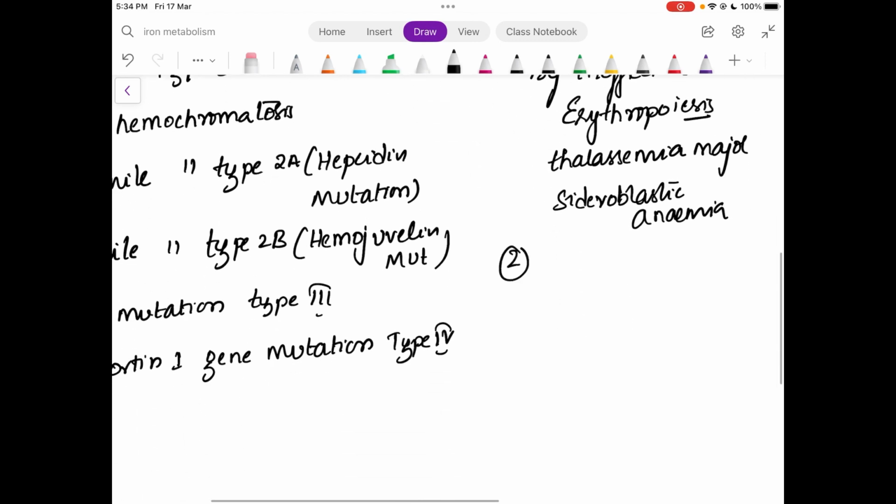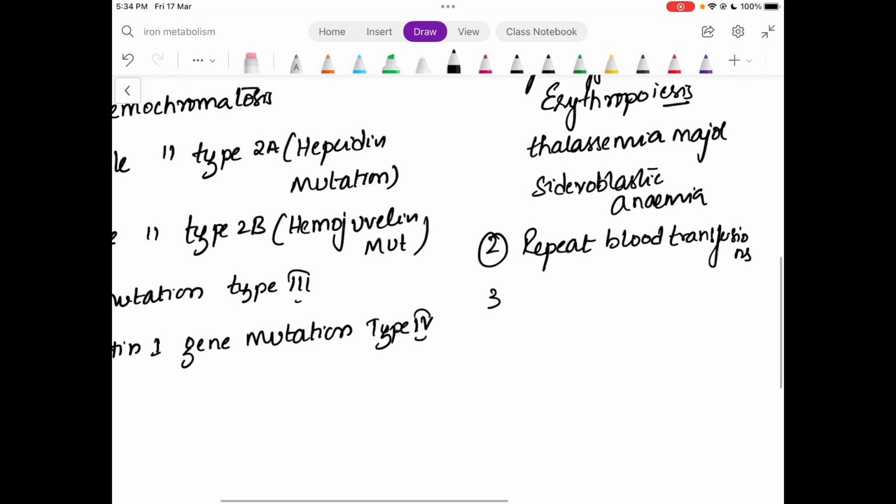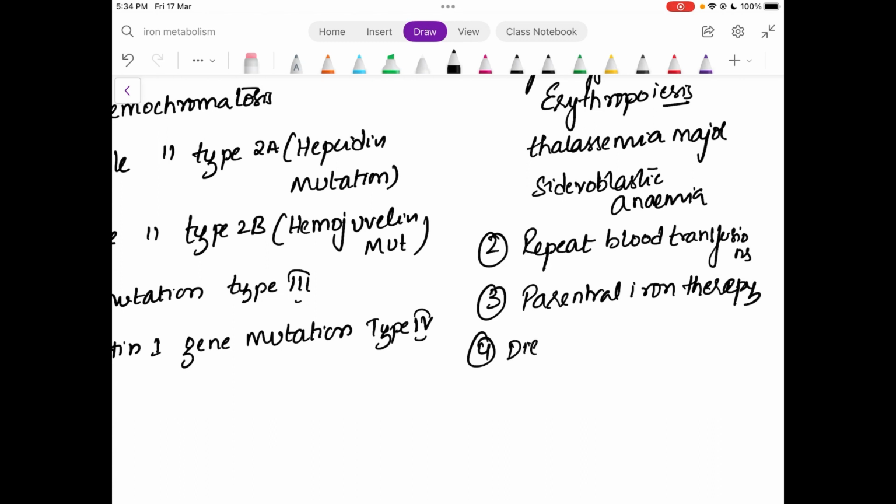And repeated blood transfusions will cause iron overload. Next is parenteral iron therapy, which is given for an anemia patient, that can also cause iron overload, and dietary iron overload.